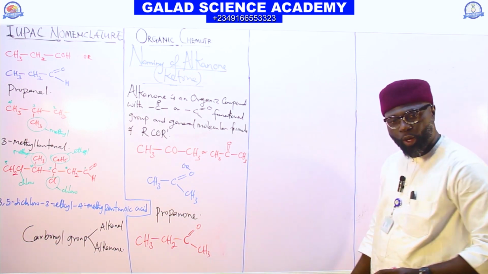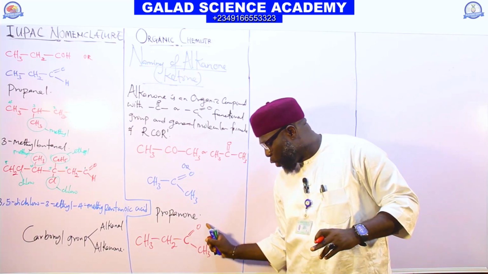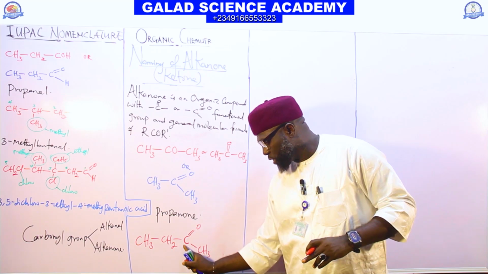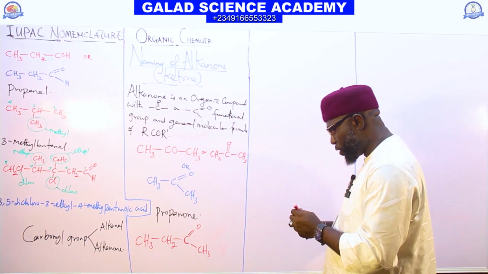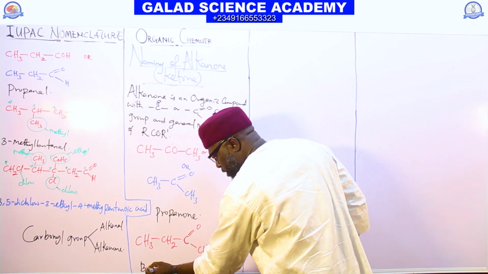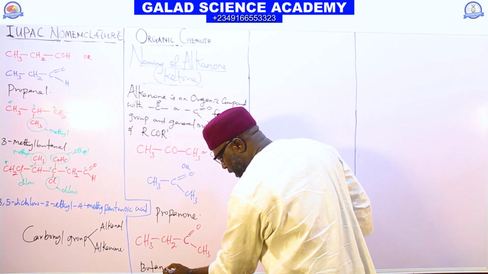What is the name? Any compound that has a CO. 1, 2, 3, 4. The name for the compound will be butanone.